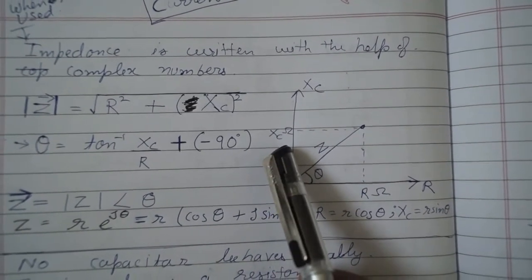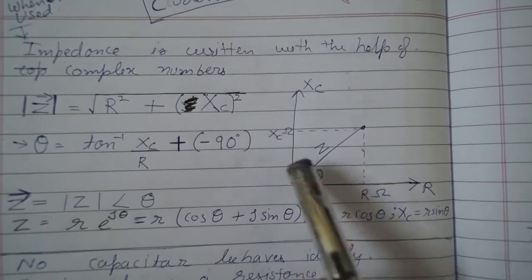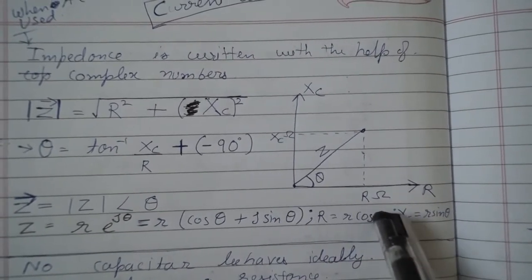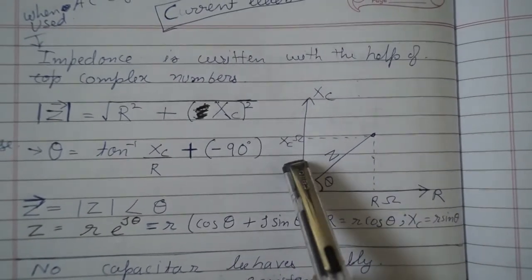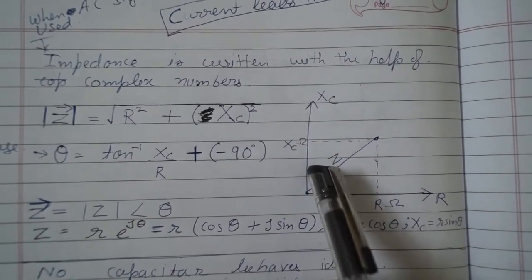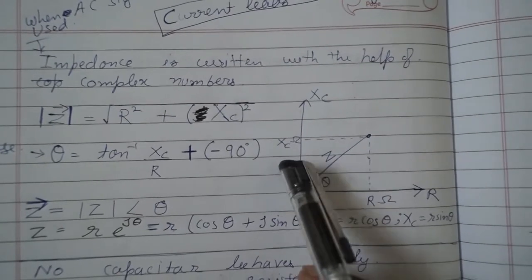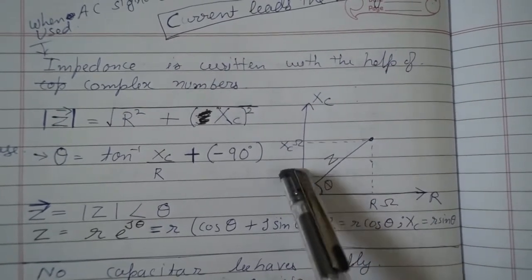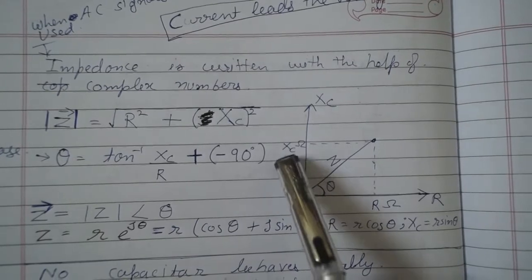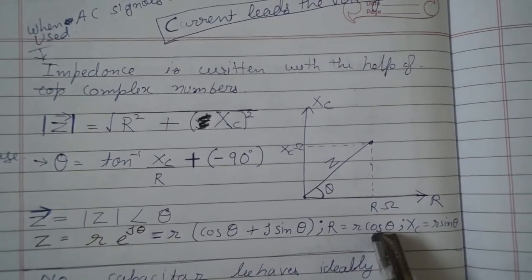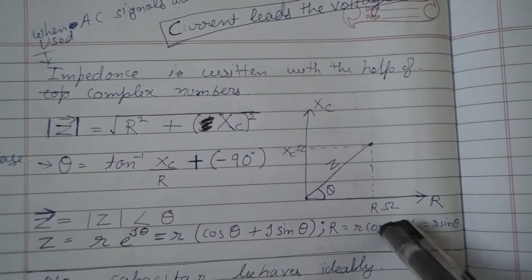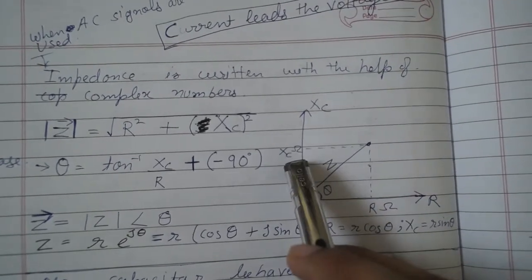So how do we write it mathematically? The resistor does not have a frequency component and it is a real quantity, while the reactance Xc is plotted against the imaginary axis. The resistance offered is real, and the frequency is a variable.